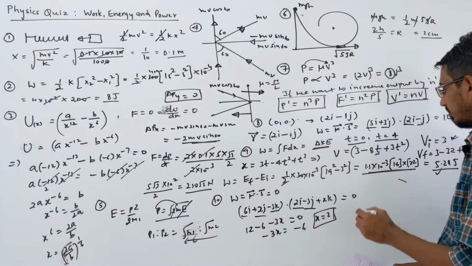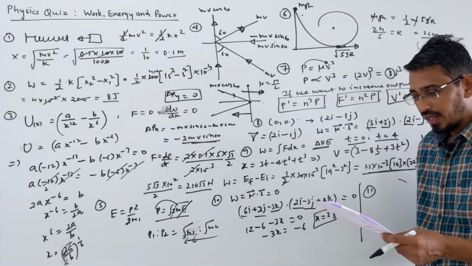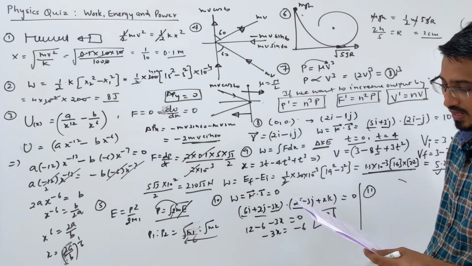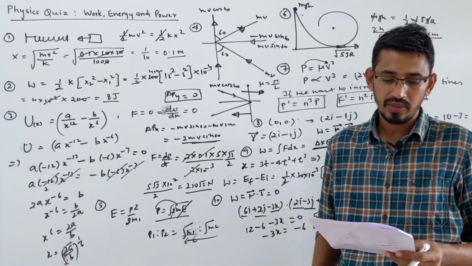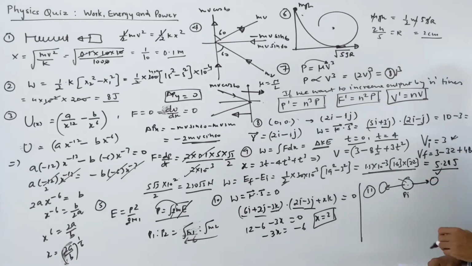Moving on to problem number 11, which says: in an explosion a body breaks up into two pieces of unequal masses, then both parts will have numerically equal momentum. Yes. Suppose a body is at rest, so it has initial momentum 0 and blasts into two pieces. Then the final momentum should also be 0, according to conservation of momentum.